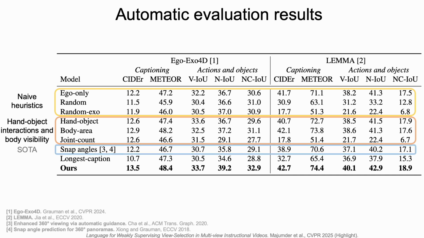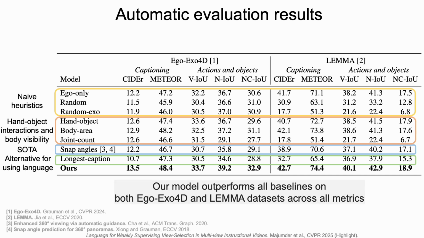The next baseline is a state-of-the-art view selection model. The final baseline is an alternative but naive way of using language. For this baseline, we pick the view that produces the longest caption as the best view. This assumes that the longest caption carries the most information about the activity. Our model outperforms all baselines on both datasets across all metrics, showing the benefits of our language-guided training.